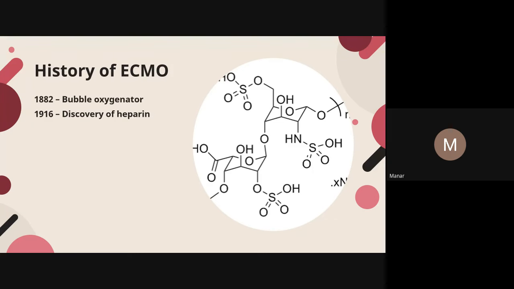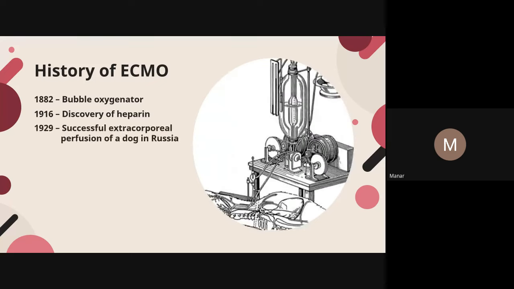And then they discovered heparin, and this thankfully solved this problem. And until now, we're using heparin to use ECMO properly. And in 1929, they successfully did an extracorporeal perfusion of a dog in Russia.